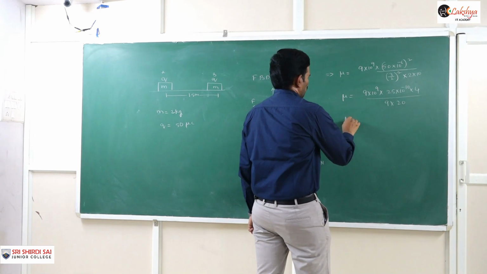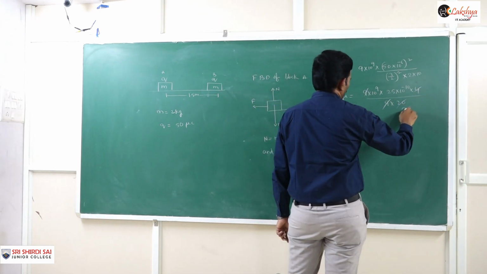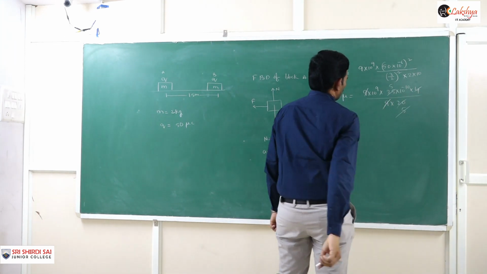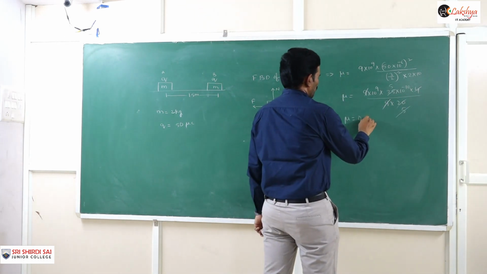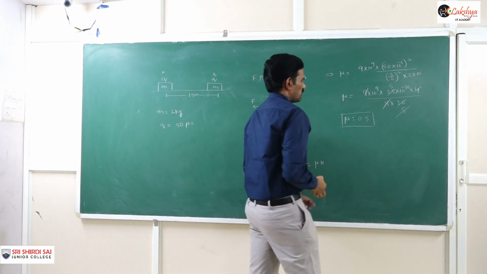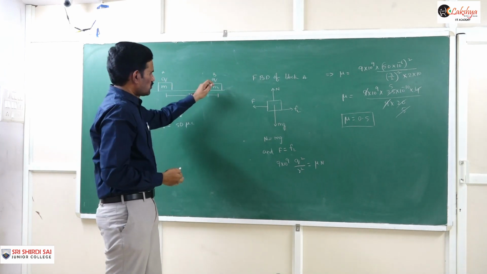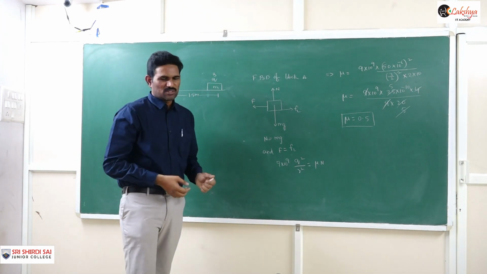I can simplify this: the 9 cancels, and the 5 cancels with the 4, 5. So you get 0.5. This will be the coefficient of static friction between the block and the horizontal surface.